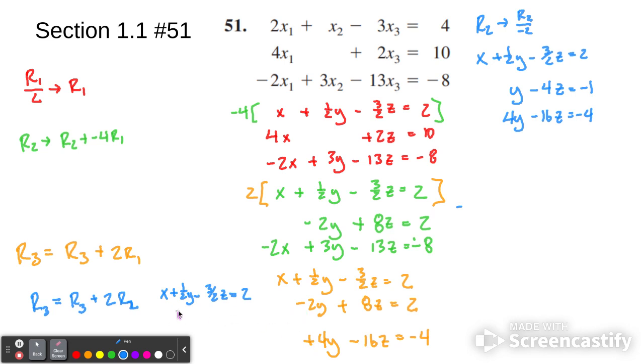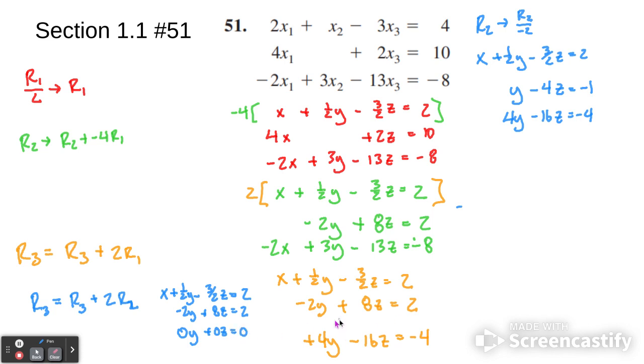So this is going to stay the same, -2y plus 8z equals 2. And then when I do 2 times this plus that, that would give me 0y, that would give me 16, plus 0z, and then that would give me equals 0, which is great.